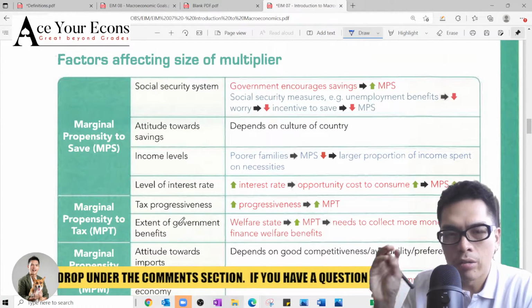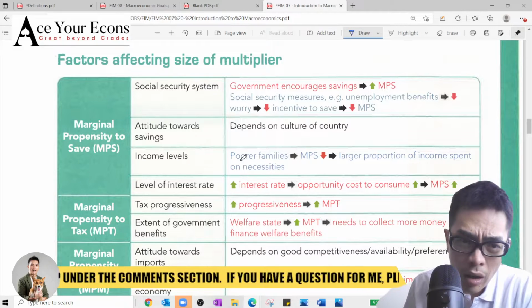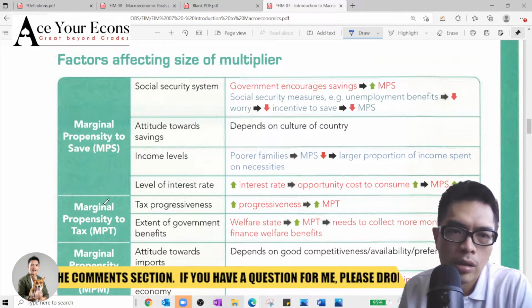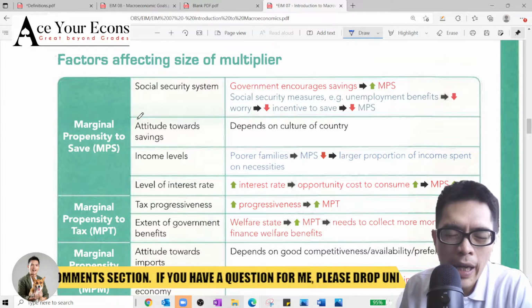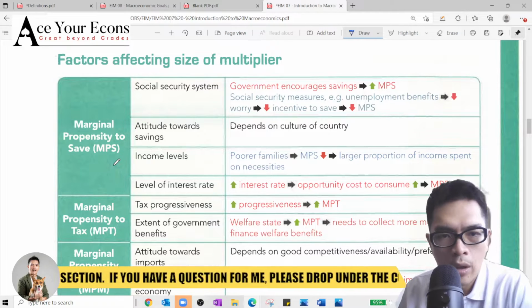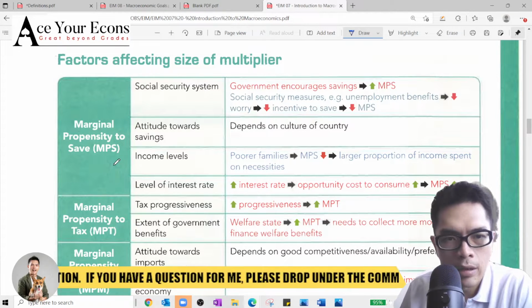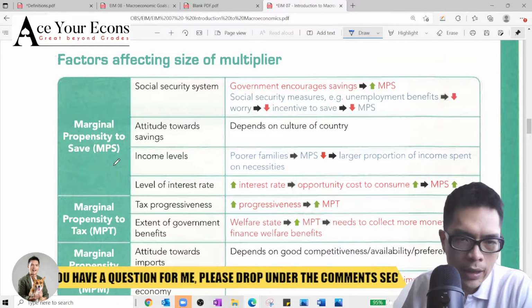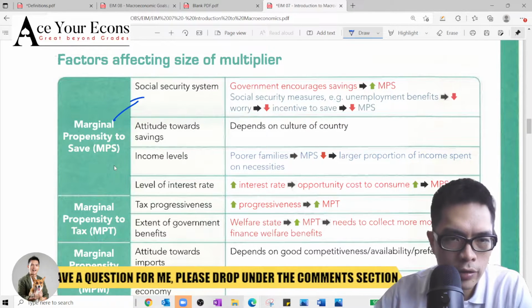So I'm just going to illustrate how we use one of these factors. You realize that MPS is going to affect the size of your multiplier. When people are saving more, they are spending less, and this will suppress your respending. One of the factors you see is what we call the social security system.